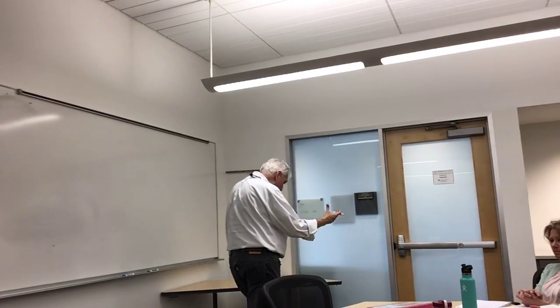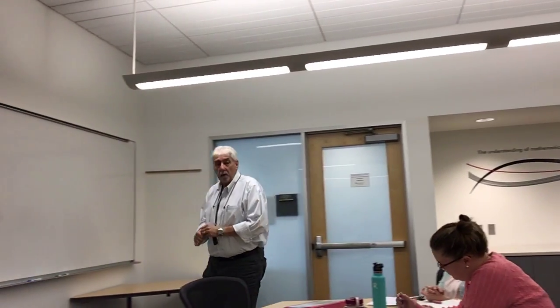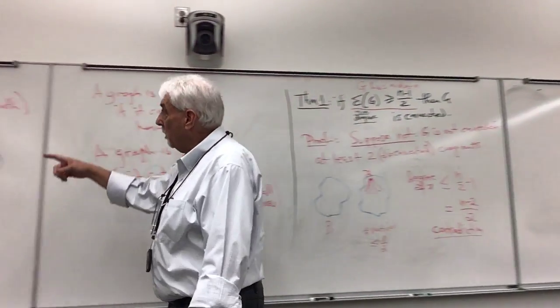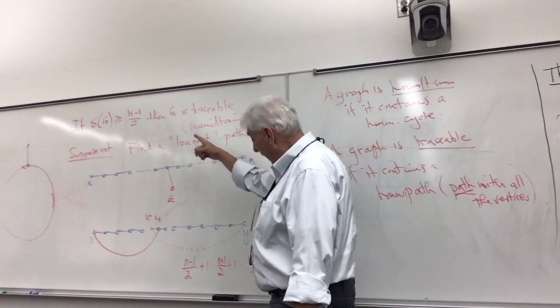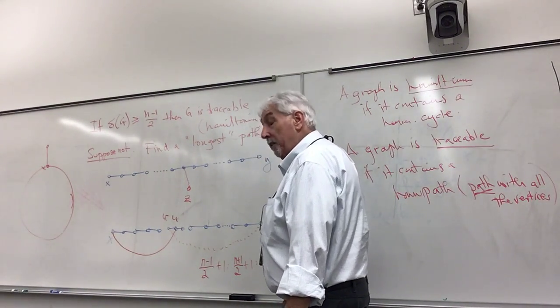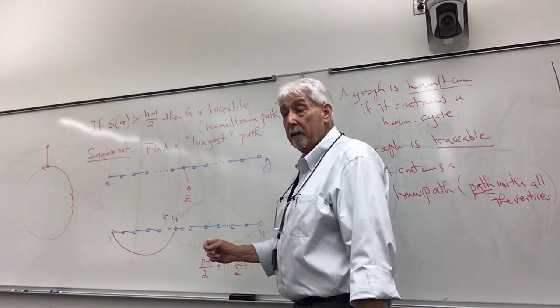Wait a second. If y is not adjacent to n plus 3 over 2, how many points could it be adjacent to? What's the total number of points in this graph? N. So it's not adjacent to n plus 3 over 2, so it's adjacent to at most how many?